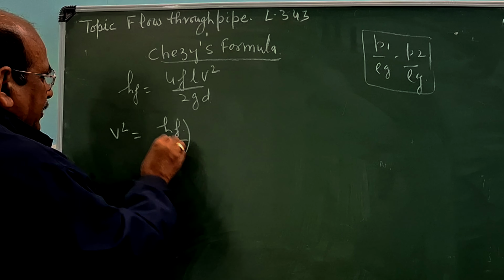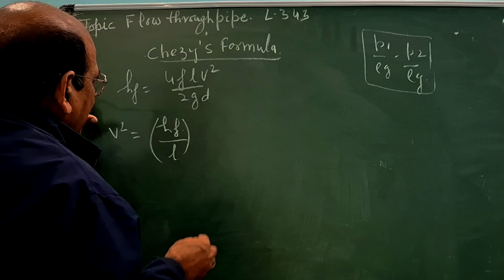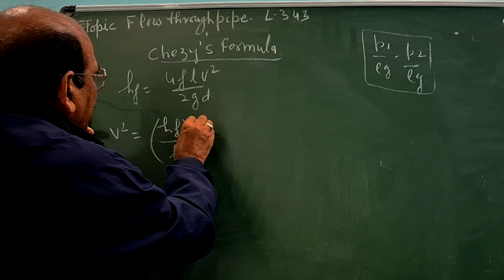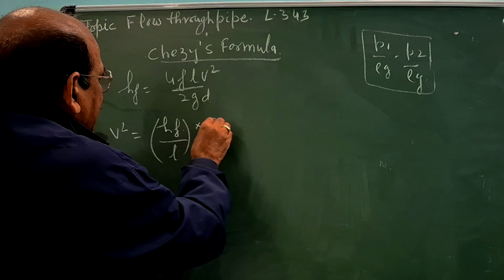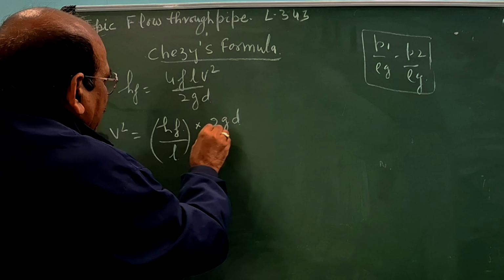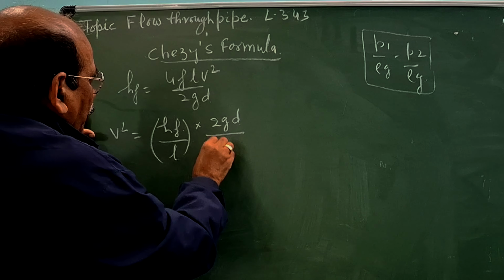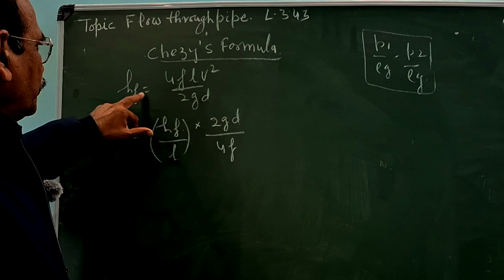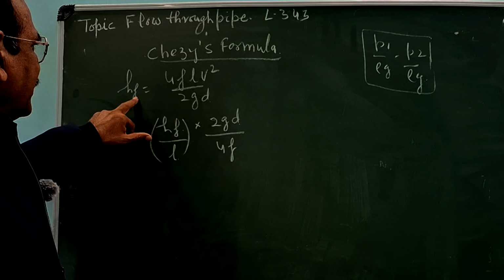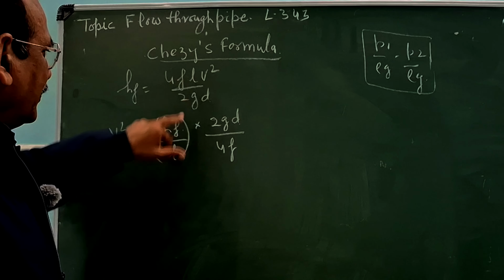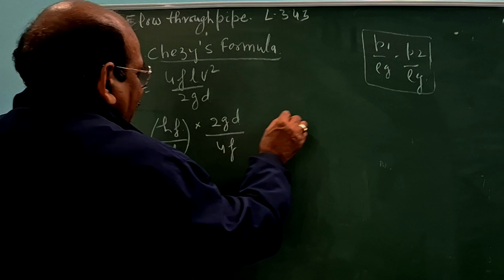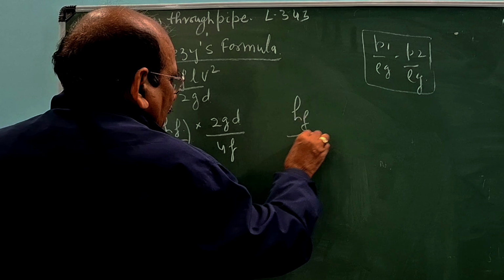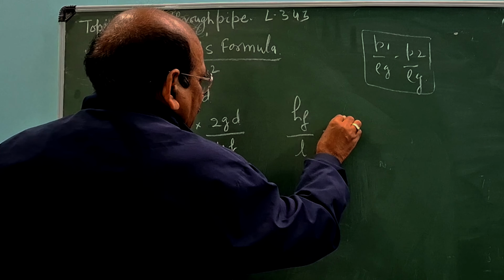hf upon L, into 2gD divided by 4F. So your V square is equal to 2gD into hf divided by 4F divided by L. This hf by L is called i.